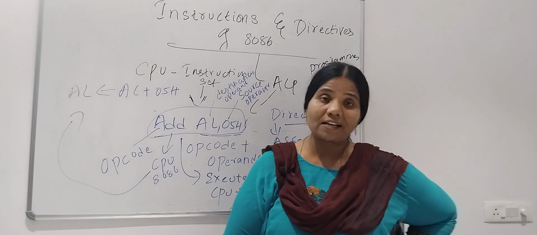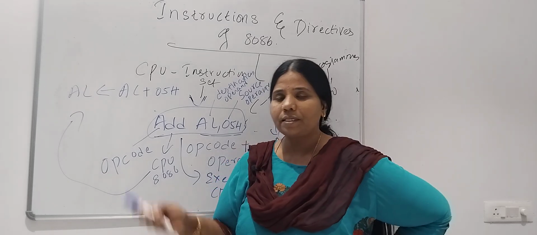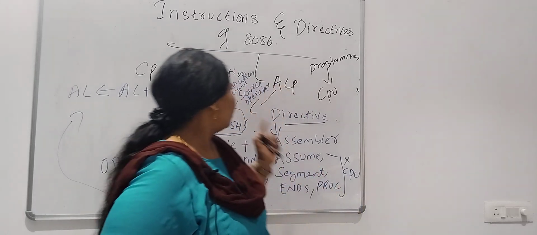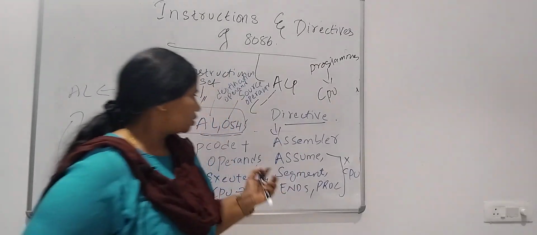Where you want fast operation within a time limit, the programming language used is assembly level language programming, and in it you use the instructions and directives which I told you.